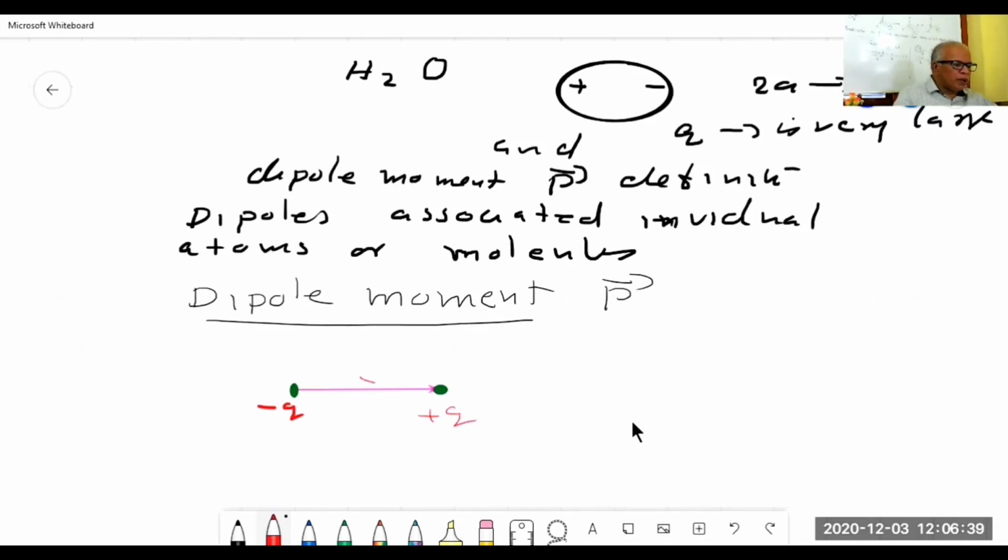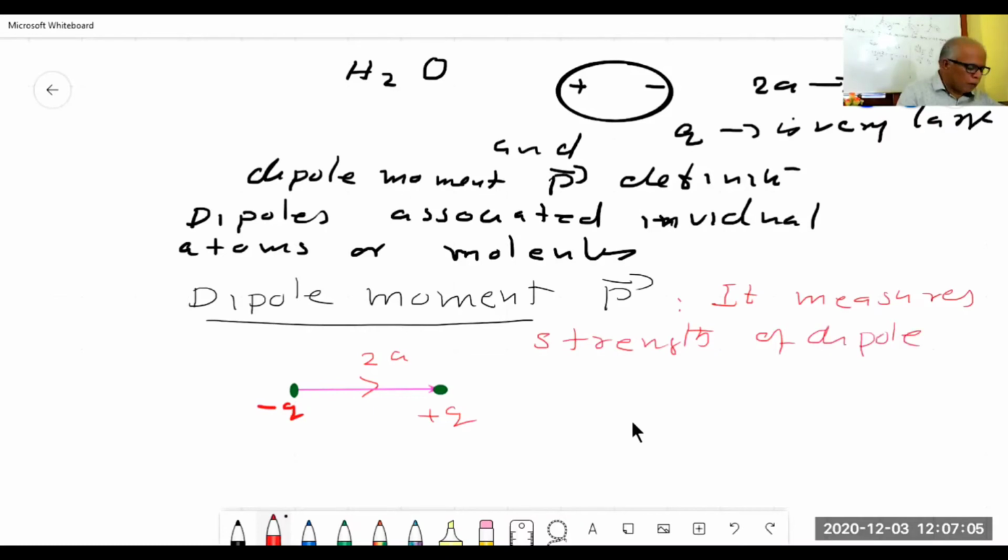It tends to move from minus q to plus q. Dipole moment measures the strength of the dipole. Second, it is a vector quantity.